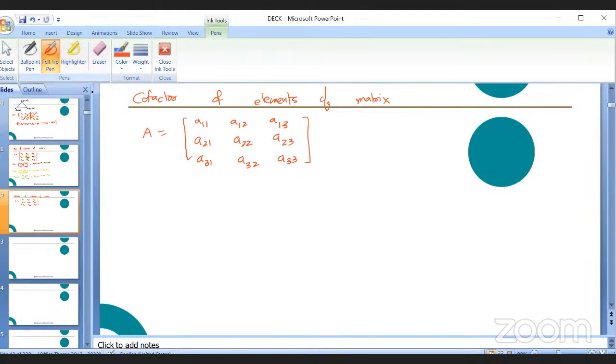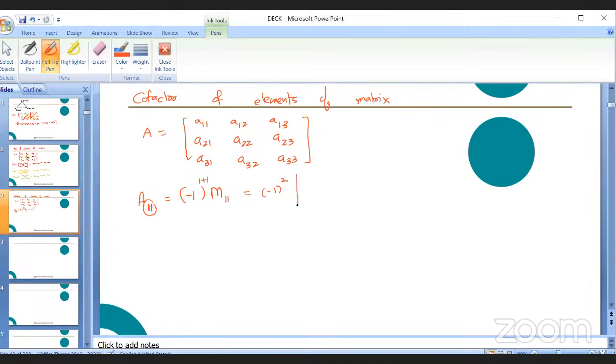Now you have to find cofactor of A11. This is cofactor of A11. How will you find? It will be same like minor of A11. Only extra thing is you will take minus 1 power 1 plus 1. Because you have 1, 1, so 1 plus 1. That means minus 1 power 2.